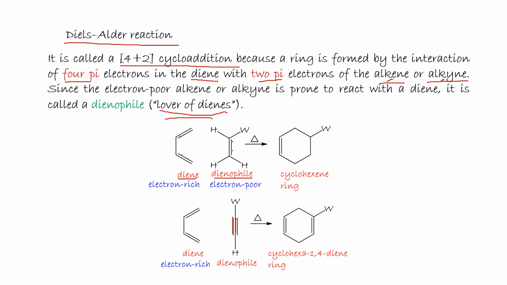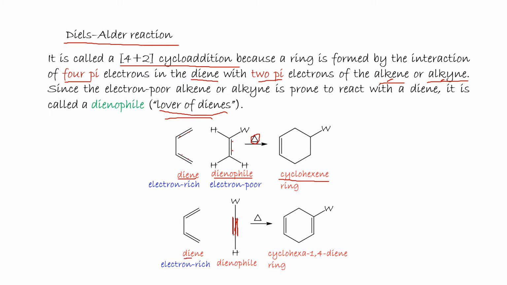It could be a triple bond, and this reaction needs energy for the activation. When we react a diene with a dienophile alkene, we get cyclohexene.